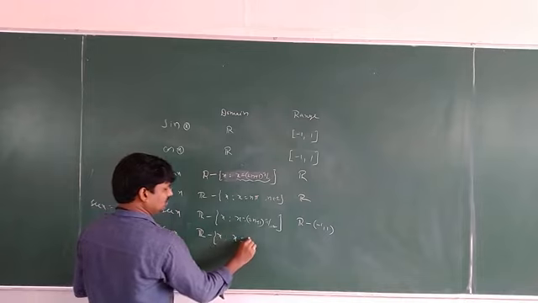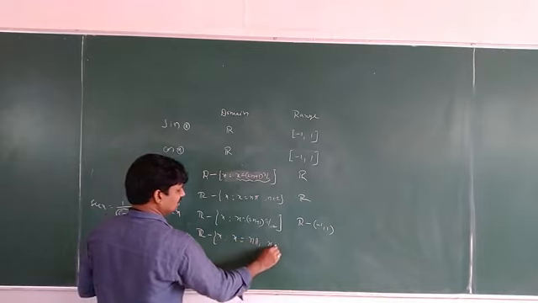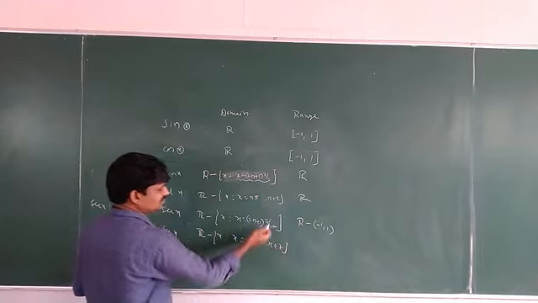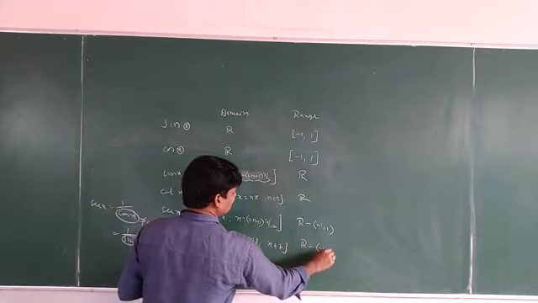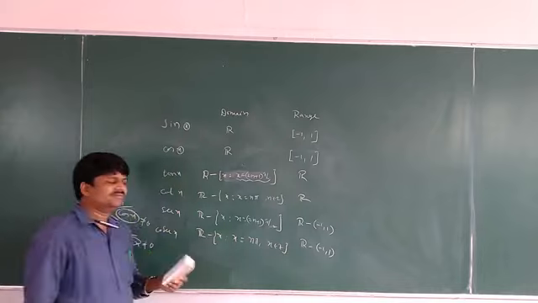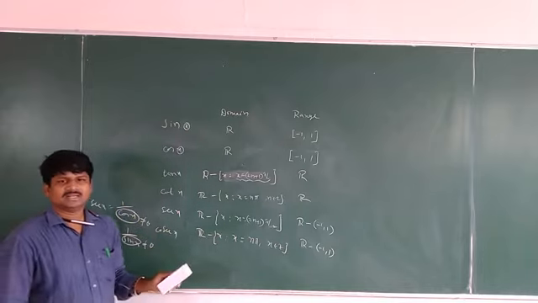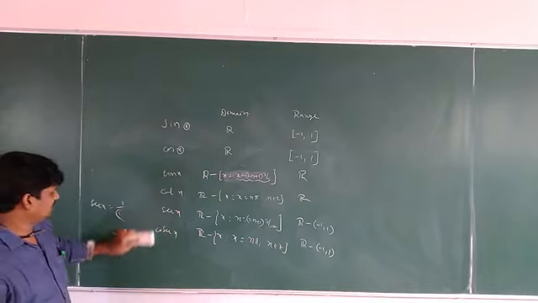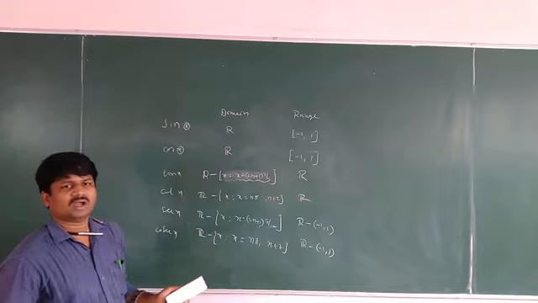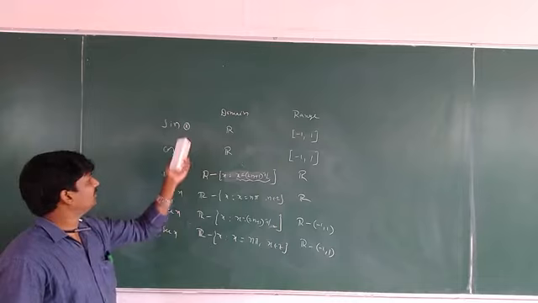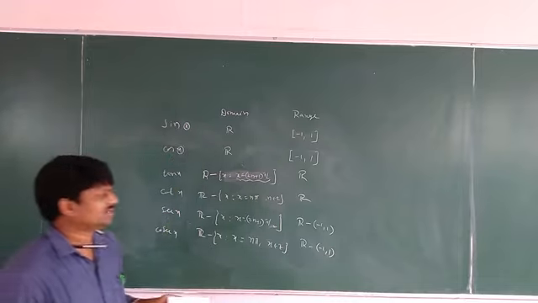X is equal to n pi. Here also n belongs to Z. If you want to write yourself. Okay. Here also the range is R minus (minus 1, 1). Range is the same for secant and cosecant. Okay. So it is about domain and range of trigonometric functions.